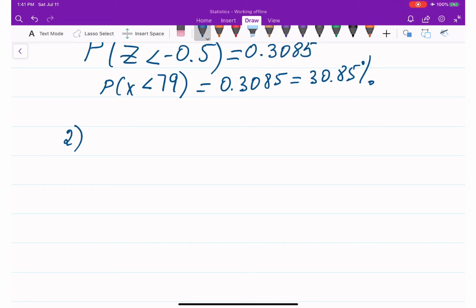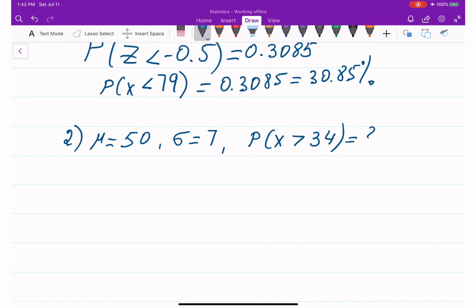Another one. Assume that random variable x is normally distributed with a mean of 50, and standard deviation sigma is 7. We need to find the probability of x greater than 34.